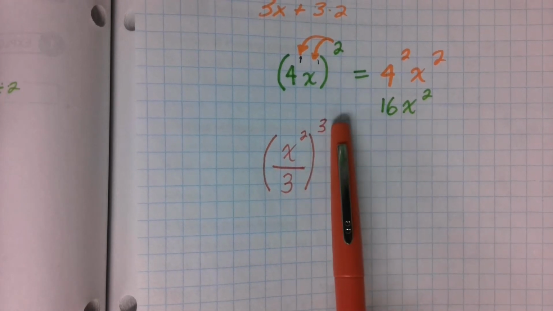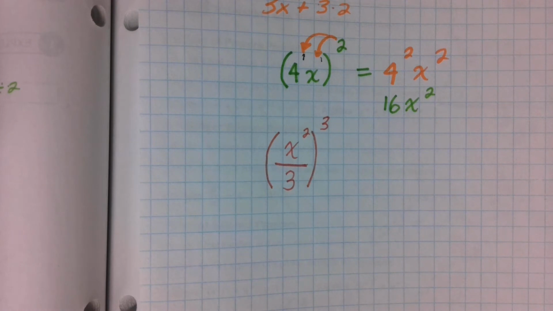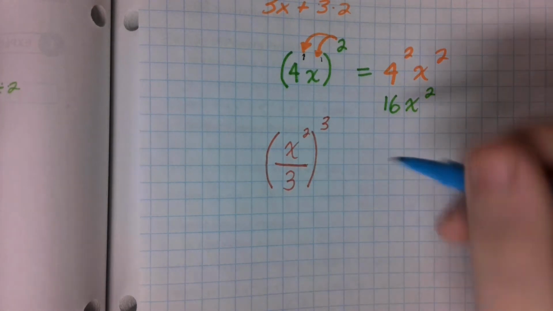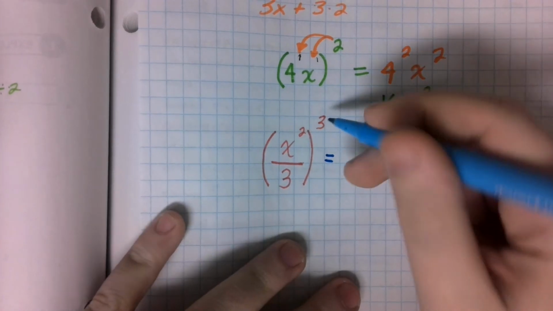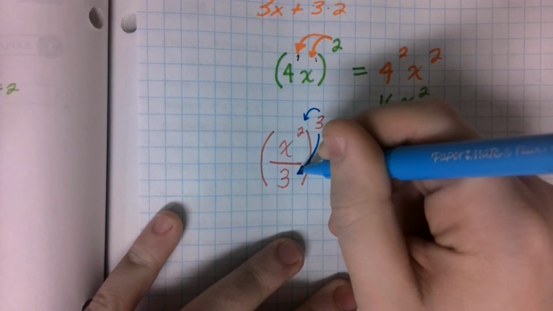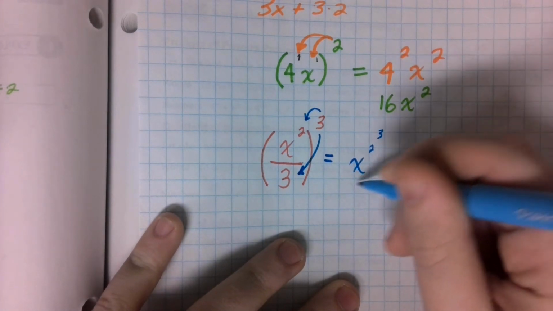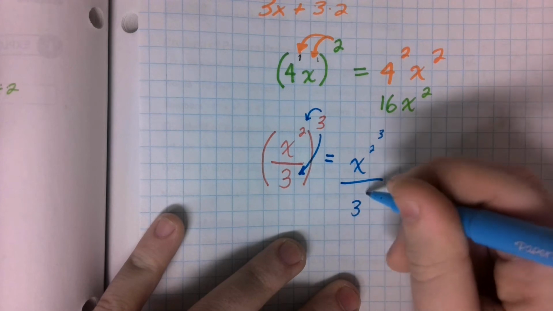We want to distribute this third exponent to everything in the parentheses. And if we have an exponent raised to another exponent, it means that we multiply the exponents. So what this really becomes is the 3 goes onto here, and 3 becomes an exponent of this too. This is x squared to the third divided by 3 to the third.